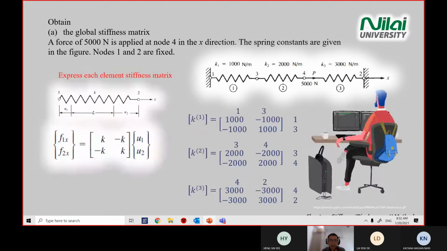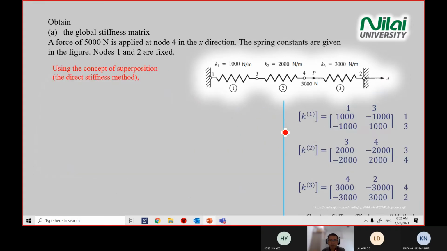Okay. So far we have the 3 matrices for the individual elements. The first part, section A, asks you about the global stiffness matrix, meaning you are finding the capital K in the global scale, and you need to sum all the small k.